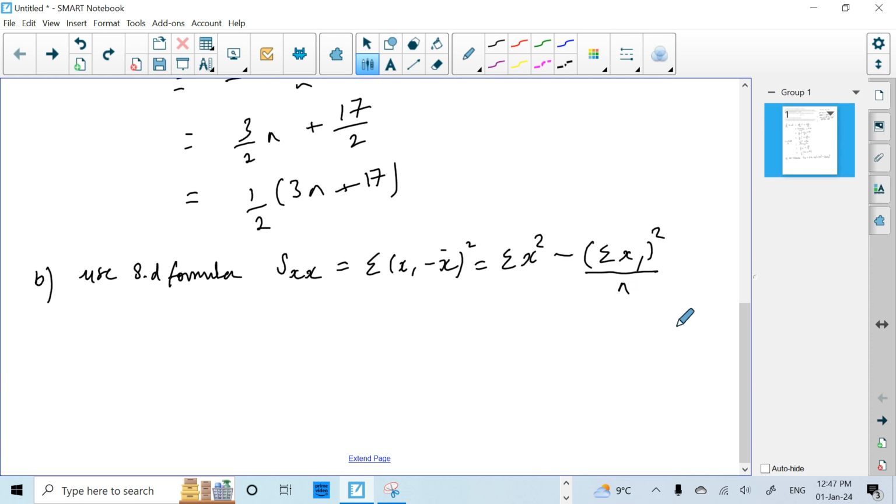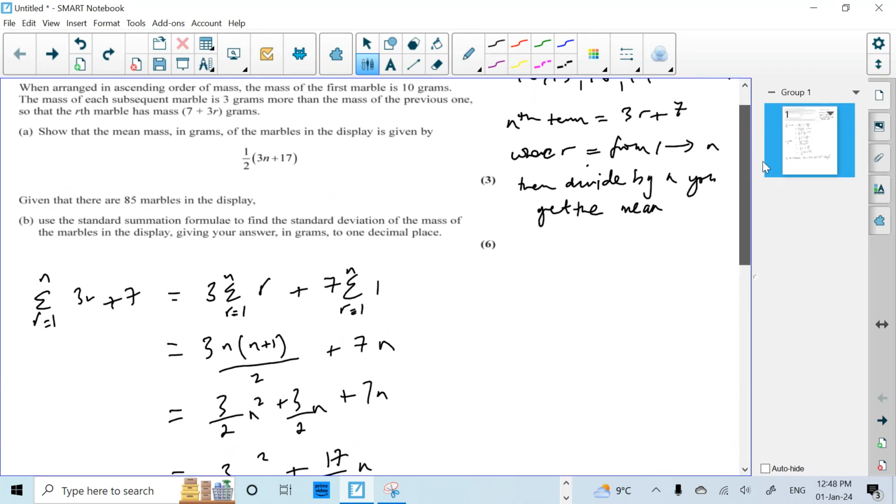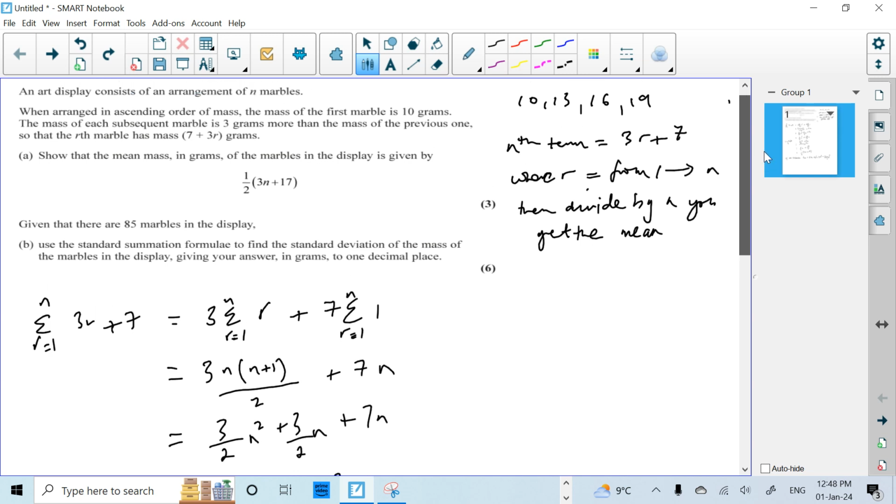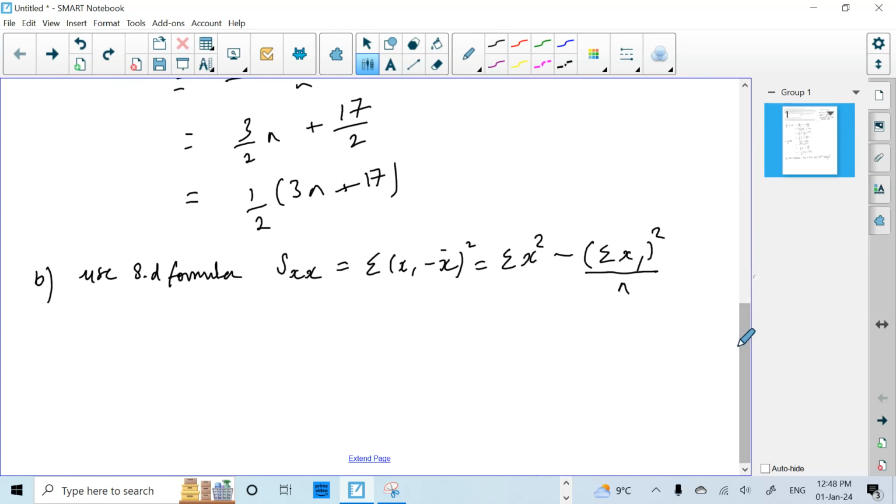Okay, so once we have that done, we can use this now to put in our problem. And if we go back, it says, given that there are 85 marbles in the display. So that's where I'm going to start. I'm going to start with the 85 marbles, and r is equal to 1.